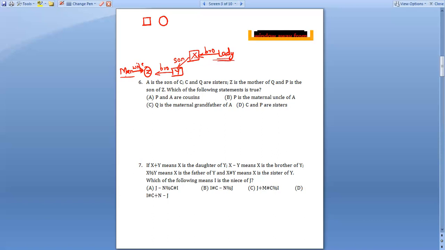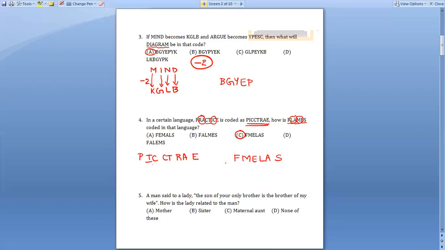So clearly this lady is father-in-law's sister. So this is the relationship. There is no direct relationship between these two. It's not clear. Okay. So the correct option is option D. None of these. We don't have that father-in-law sister relation here. So it's option D. None of these.